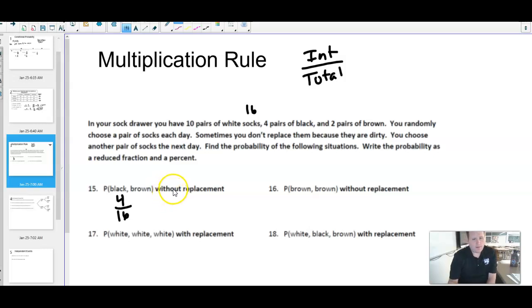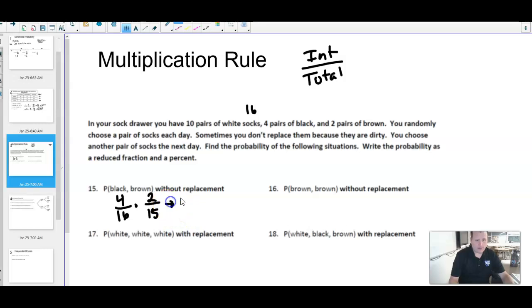If I don't put it back, all of a sudden there's 1 less black, so now there are 3 black pairs and 15 total. So the chance of getting a brown on the second one would be out of 15, and there are still 2 brown socks in this case.